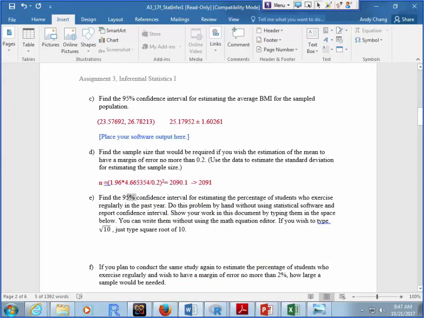So this one, you want to do a 95% confidence interval estimate for the percent of people who exercise regularly in the past year. Do this problem by hand. Yes? Got a question. Yes. Thank you, Dr. Cheng. Just to go back to the last one, would you round up to 2091?